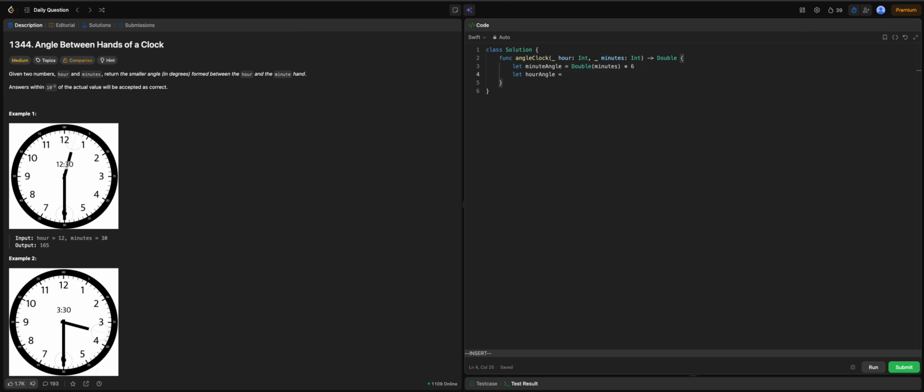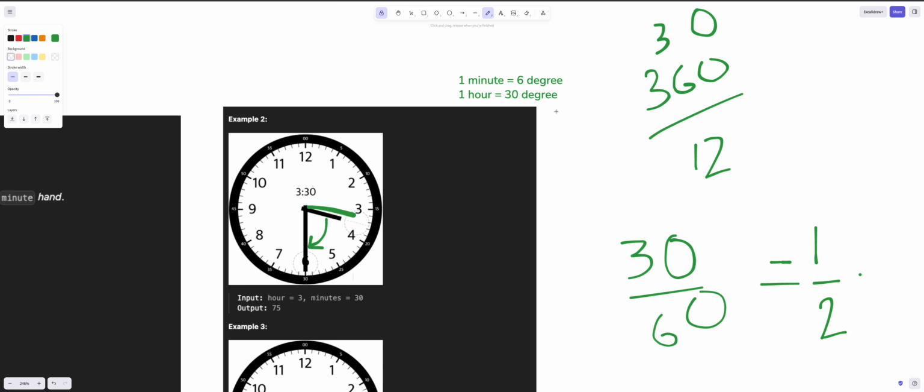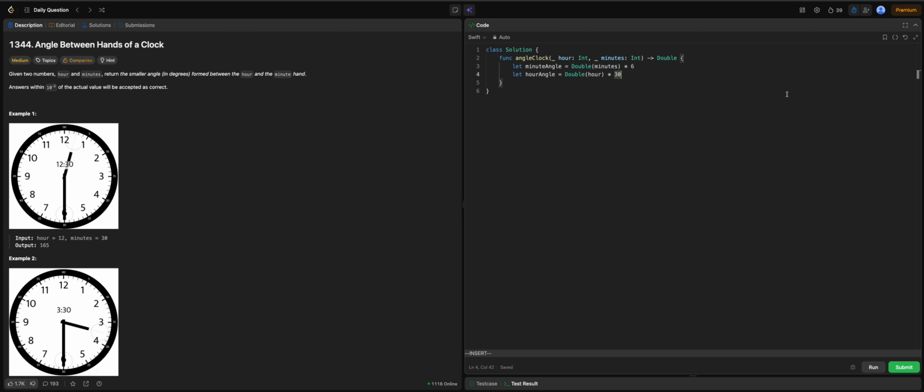To calculate the hour angle, we simply multiply the hour by the 30 degrees that we calculated here, and we have to consider that the hour angle will move based on the minutes, so we add minutes multiplied by 0.5. And we can return the minimum of hour angle minus minute angle.